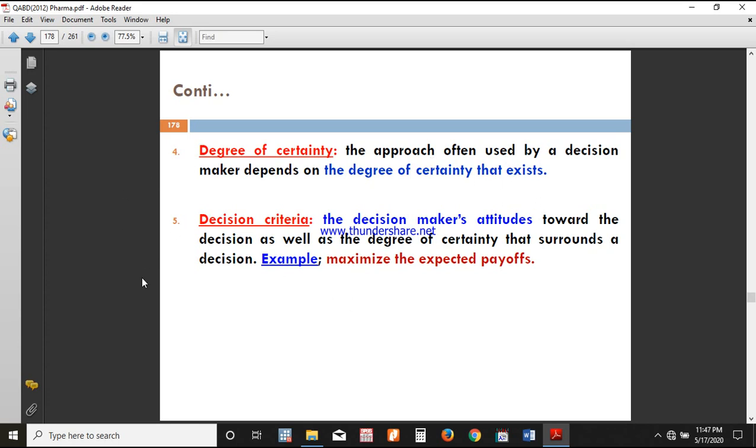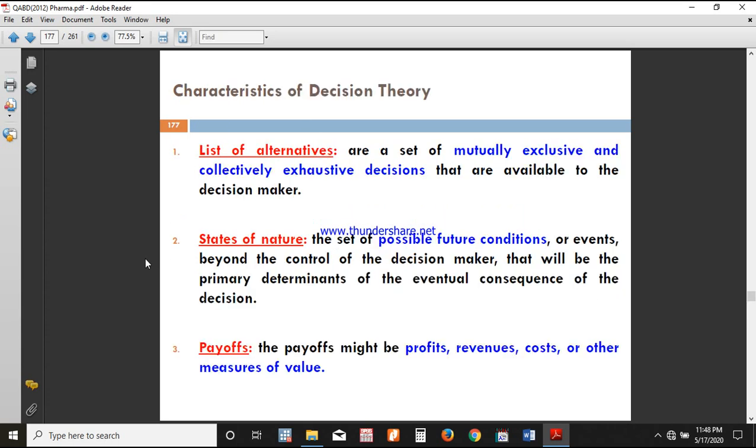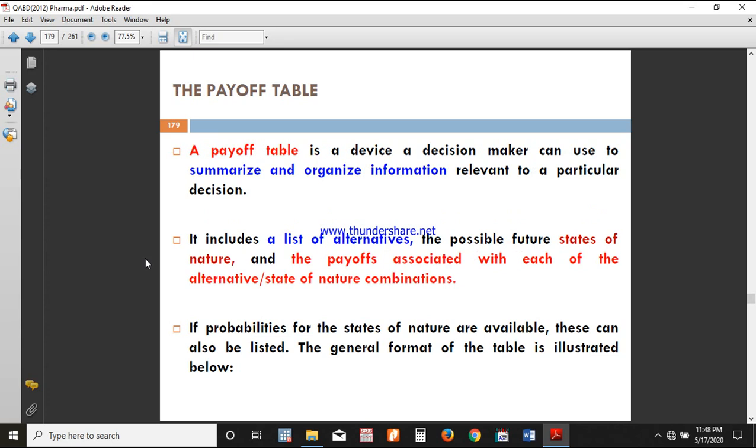The fifth characteristic of a decision theory is decision criteria, that is, the decision maker's attitude towards the decision. Sometimes the attitude of the company may be to maximize profit or to minimize cost. It depends on the insight of the managers. These are the 5 basic characteristics of a decision theory.